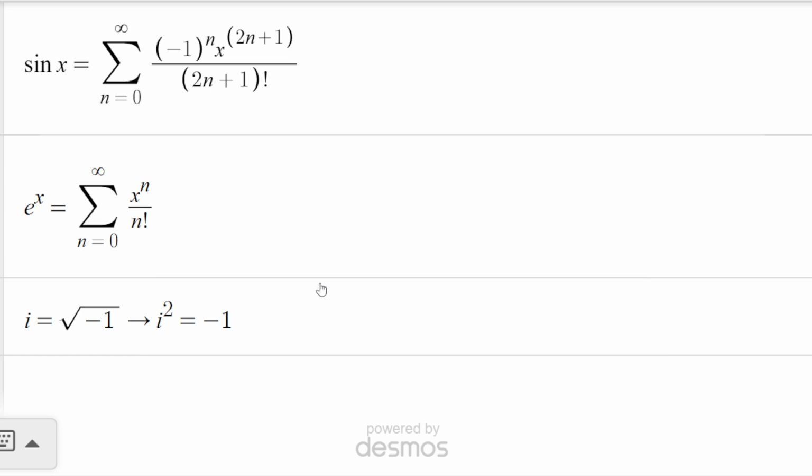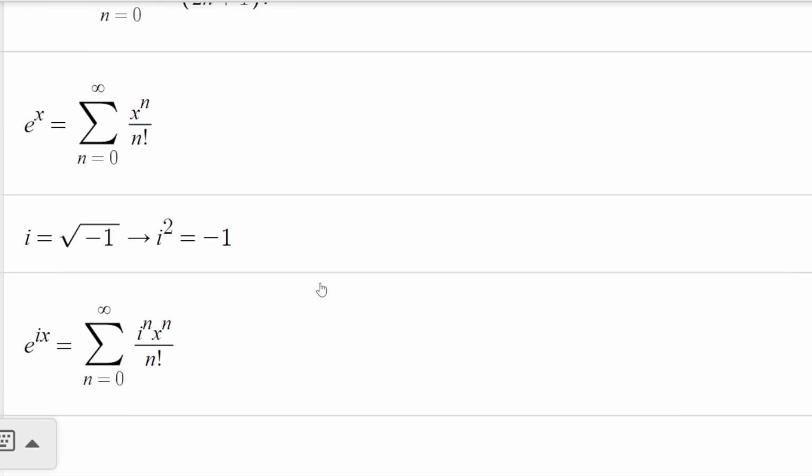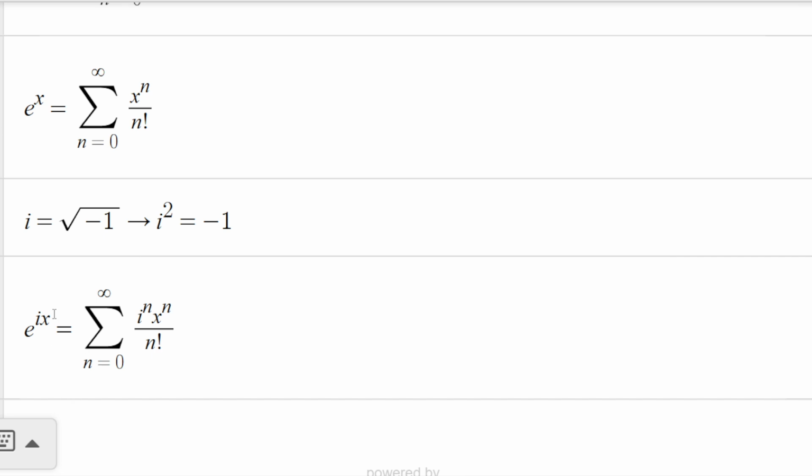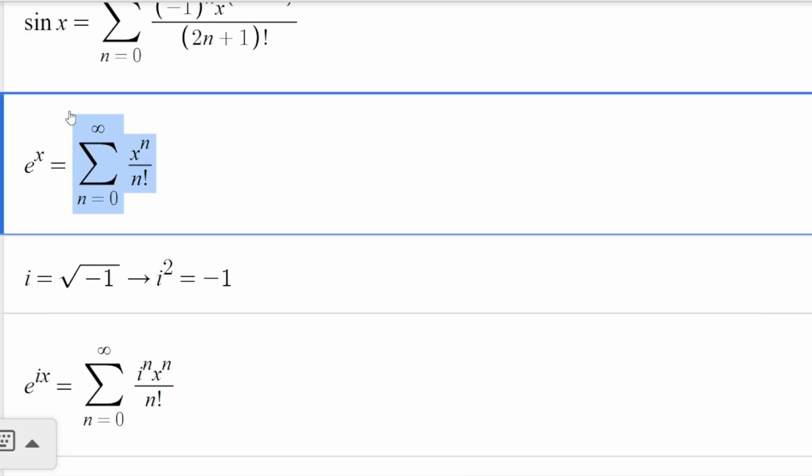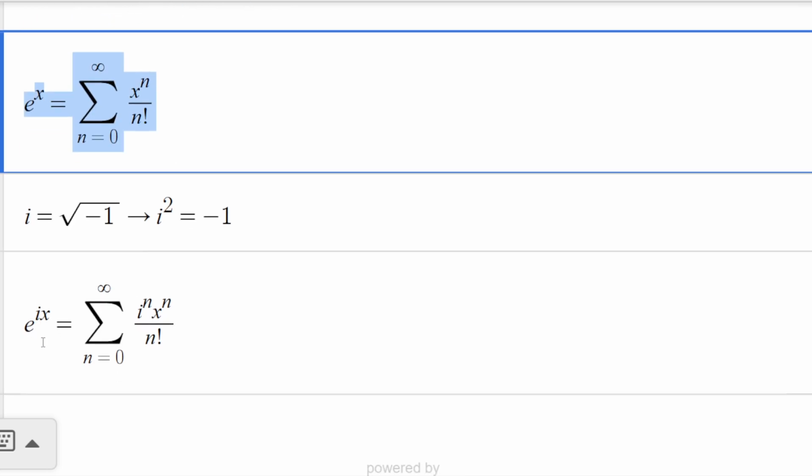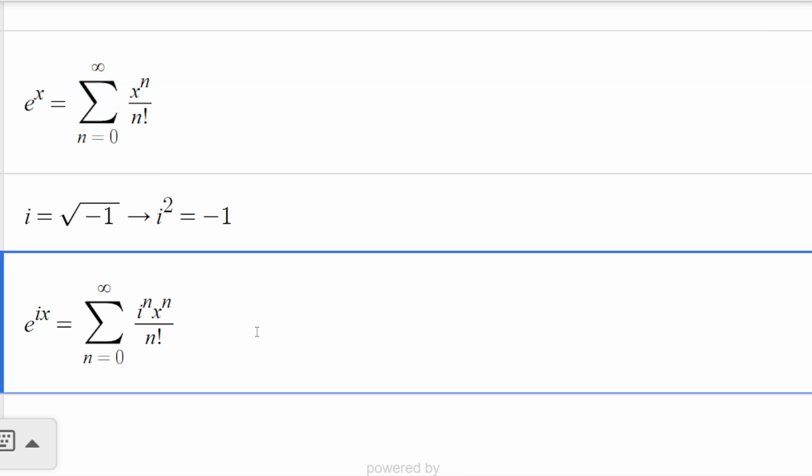Okay, so from here, we're going to plug ix into our Maclaurin series representation for e to the x. And this is what we get. We just replace our x with an ix and then use the properties of exponents to split it.